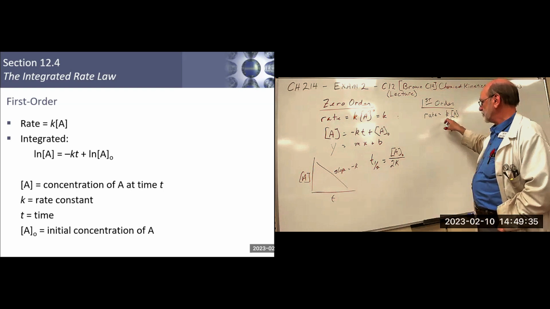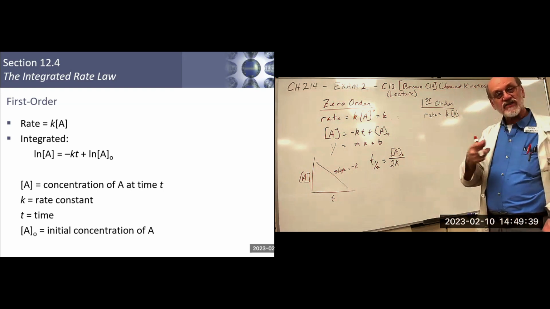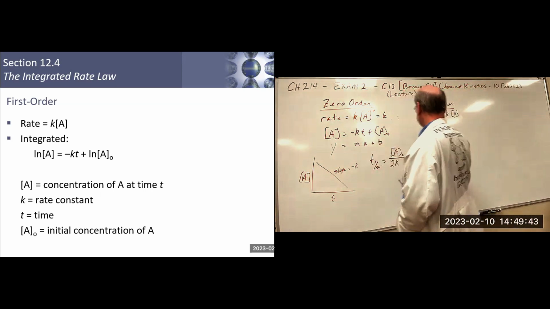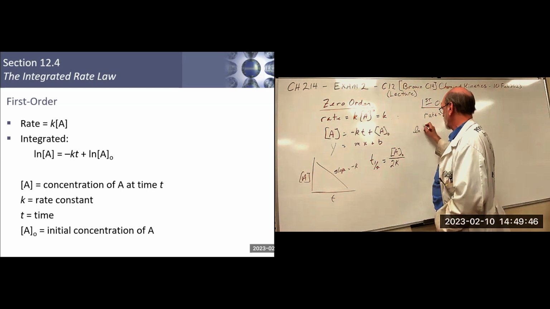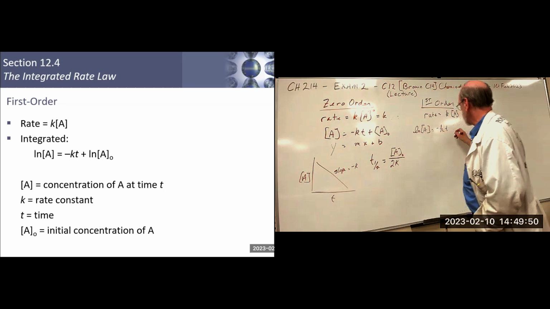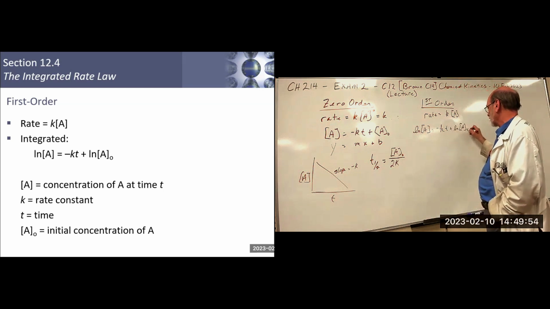The differential rate law is that. The integrated rate law uses the natural log transformation of these values. So the natural log of A equals a negative K times T plus the natural log of the initial A.